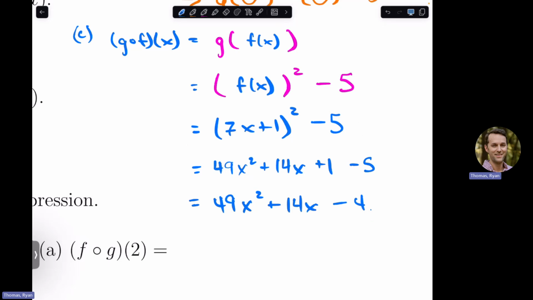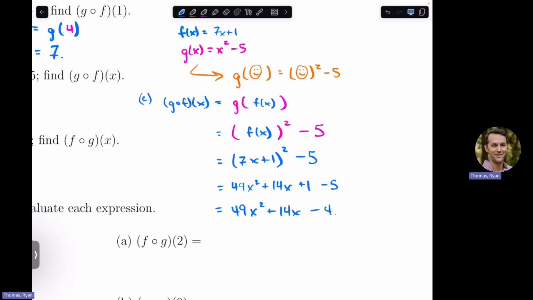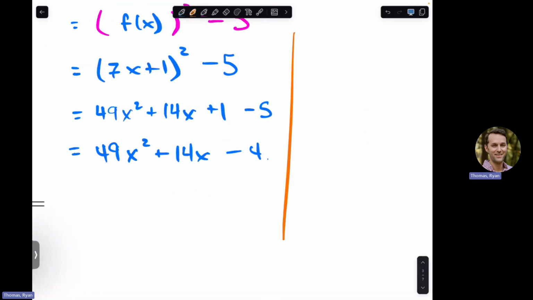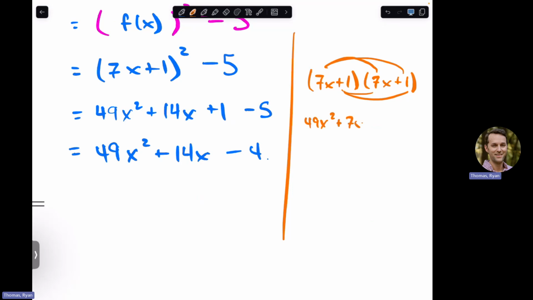The outer and inner parts would be 1 times 7x, and then 1 times 7x again. First, outer, inner, last, right? Everybody multiplies by everybody else. 49x squared, 7x, 7x again, and then 1. And then combine those.